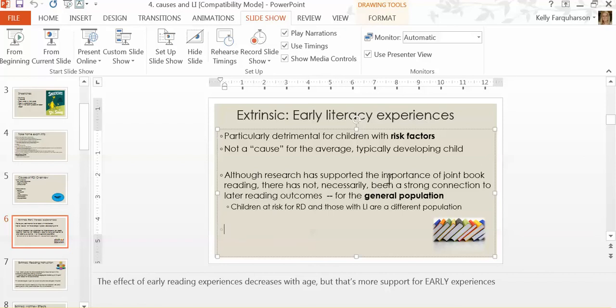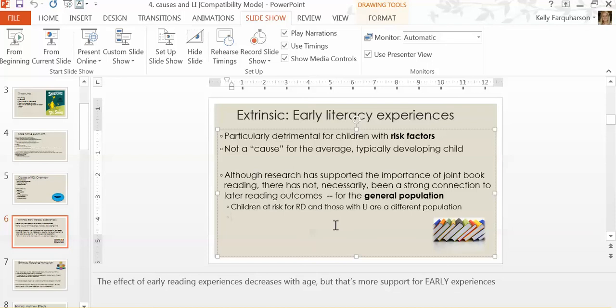That is to say, we know the importance of joint book reading and all of the amazing skills and activities that we can incorporate into it, but there has not been a lot of research showing that for the average child, if they do not receive joint book reading experiences, they become a child with a reading disability. Does that make sense?